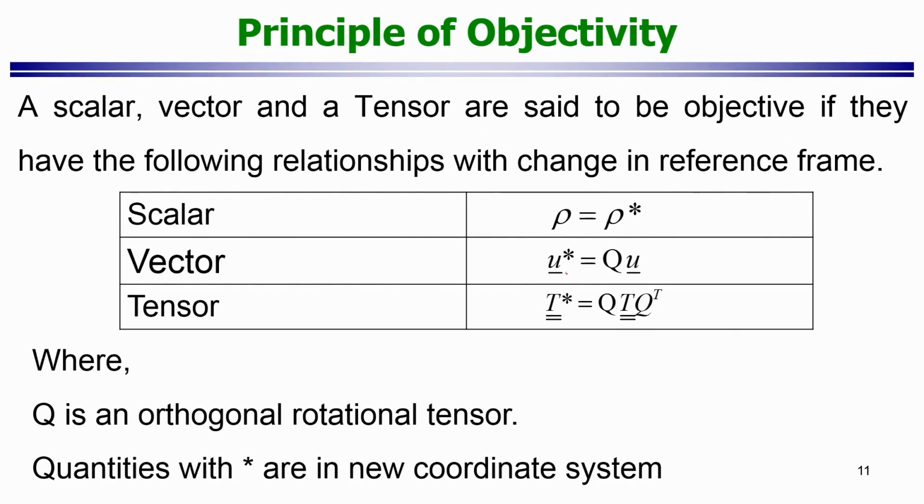But vectors are objective if they transform according to this particular law, where these are the transformed components and Q is a rotation tensor, so basically an orthogonal tensor. If a vector transforms according to this law, it is called objective or frame indifferent. Similarly, a tensor has to obey this particular rule if it is to be frame indifferent.